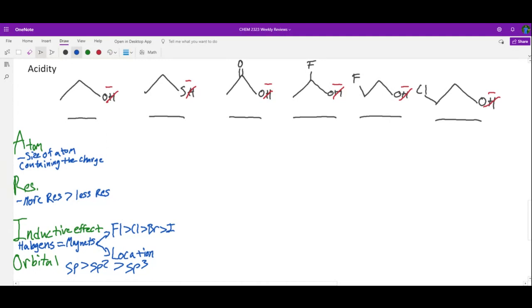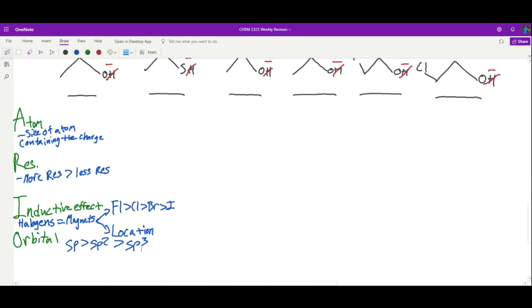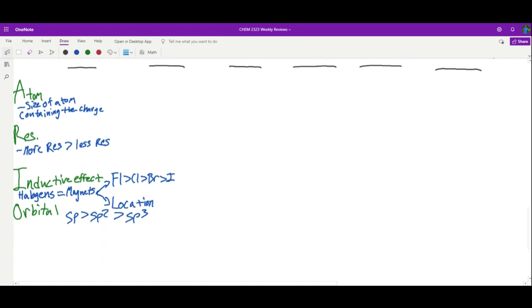Remember, triple bonds are associated with sp, double bonds with sp2, and single bonds with sp3, okay? So let me quickly draw that.